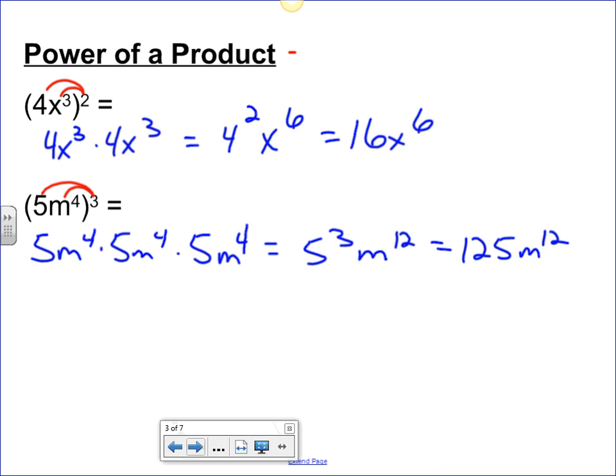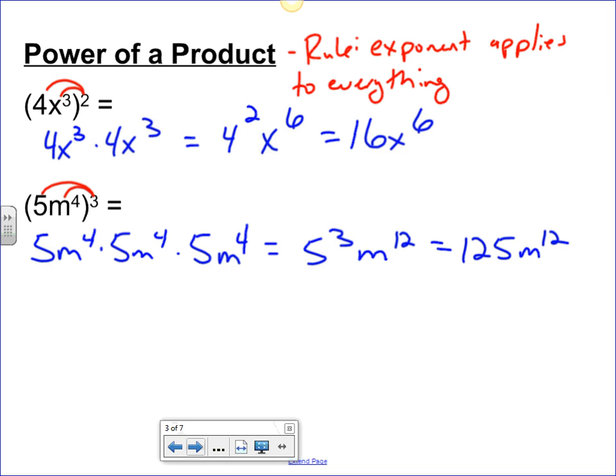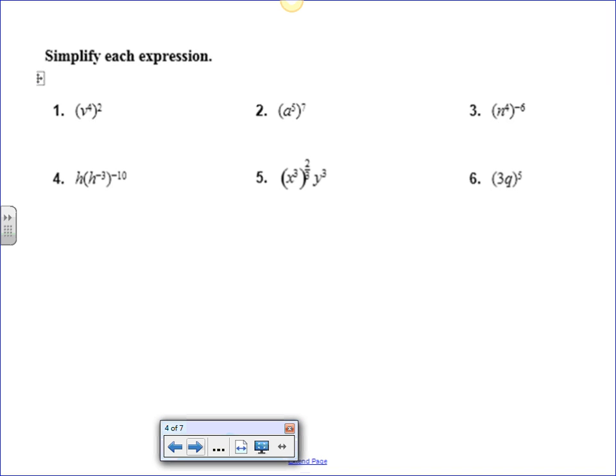Maybe something like this. You may want to write it as: exponent applies to everything in the parentheses. Okay, so let's look at some examples of these two.